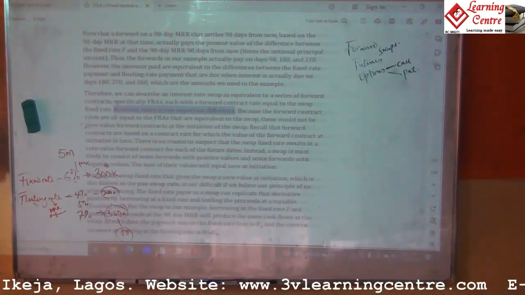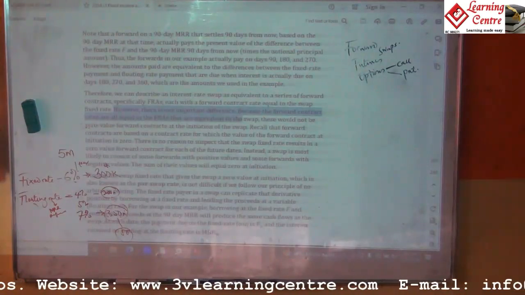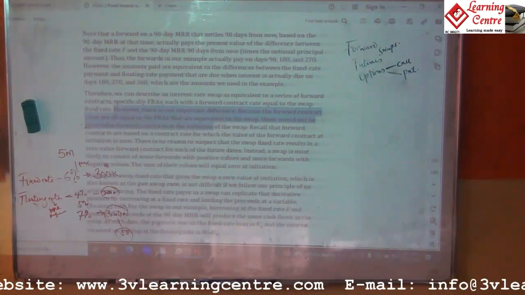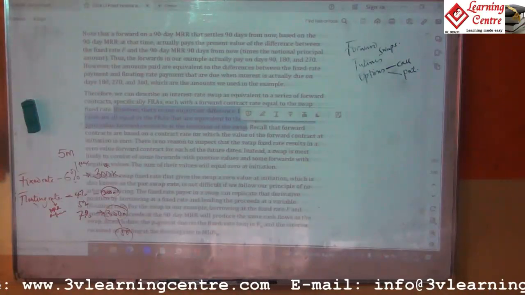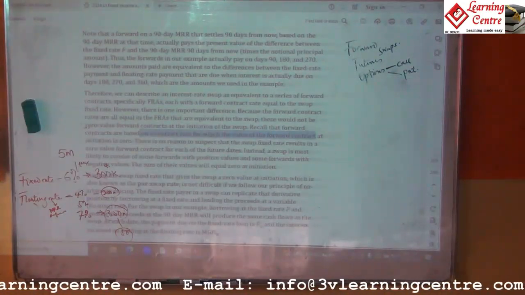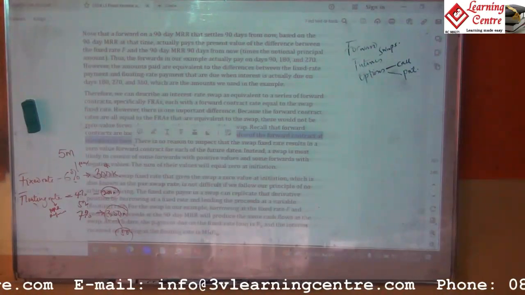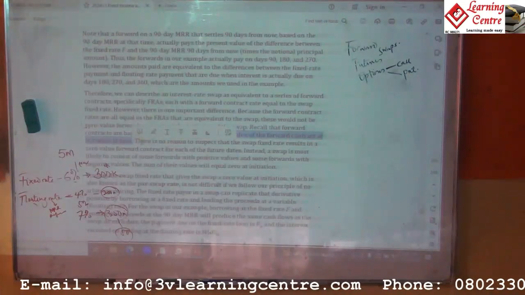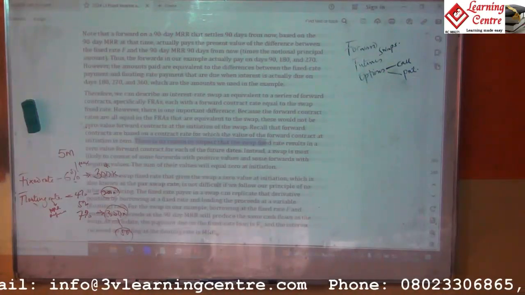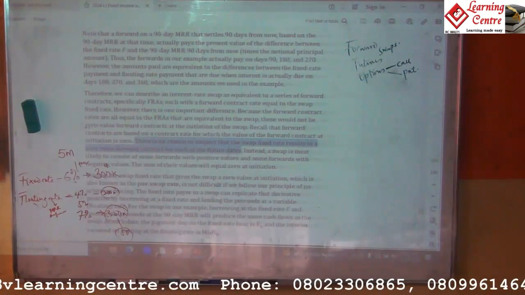However, there is one important difference. Because these forward contract rates are all equal, FRA, this will not be a zero value forward contract. So recall that forward contracts are based on contract rates for which the value of the forward at initiation is 0. We keep mentioning this. You have to know that it's very important. There is no reason to suspect that the swap fixed rate results in a 0 value forward contract for each of the future periods.